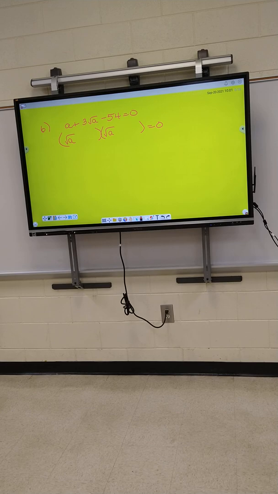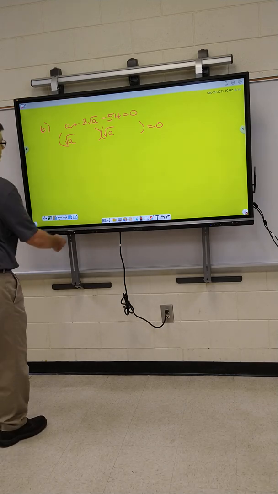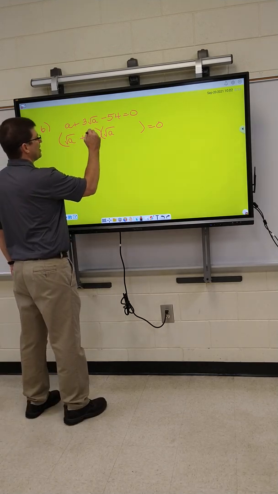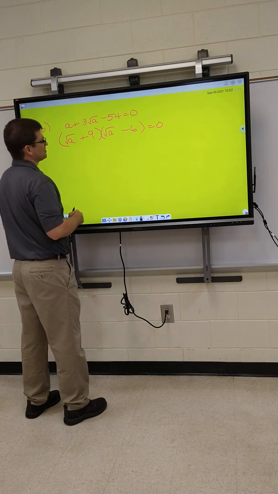Plug that in and hit second table. And it gives you all the different factors. And the only one that you can subtract and get 3 on is 9 times 6. So the only one that's not crossed out is your answer. All right, so y'all got plus 9 and minus 6, right? That's how you get 3.